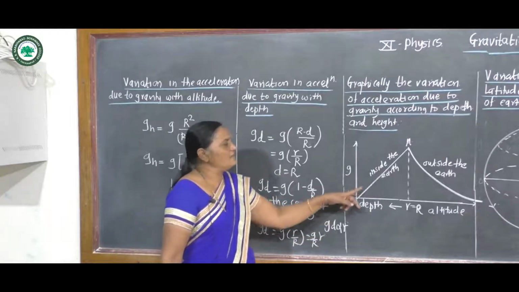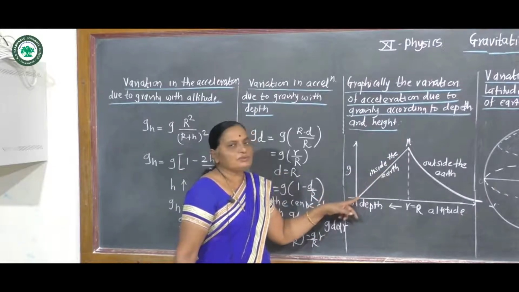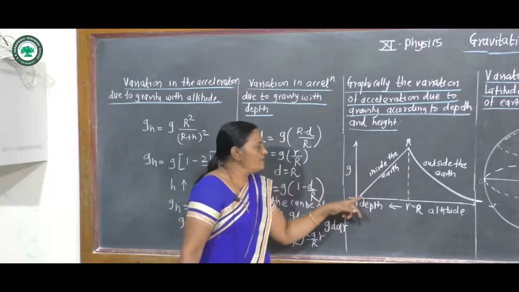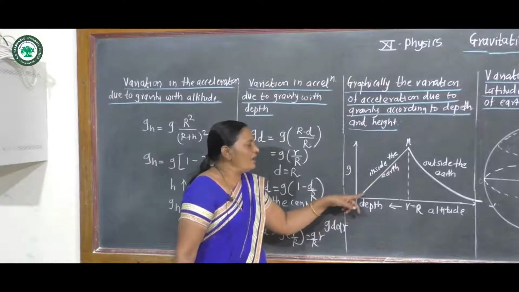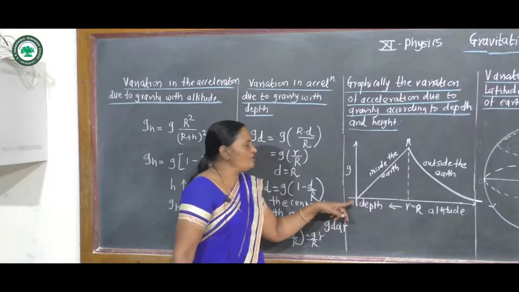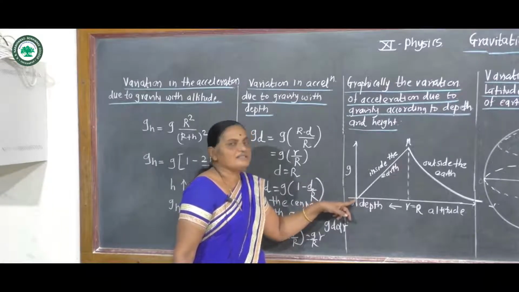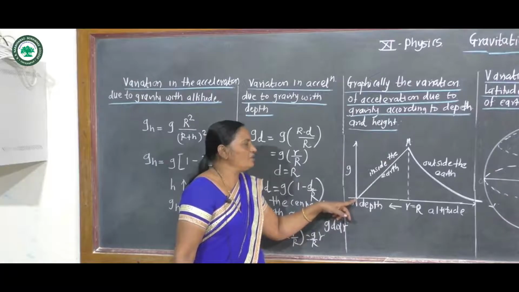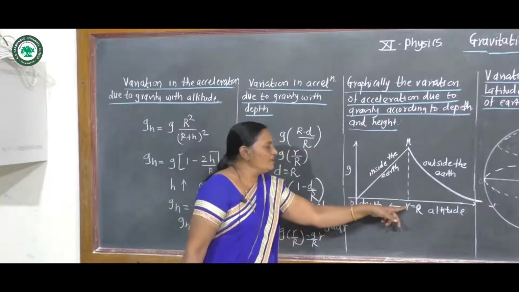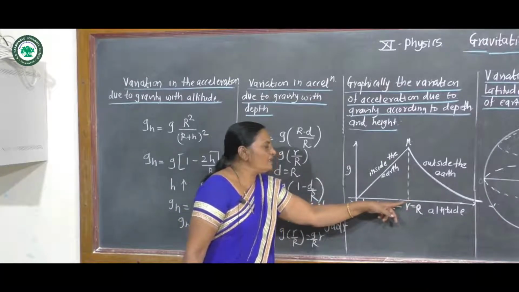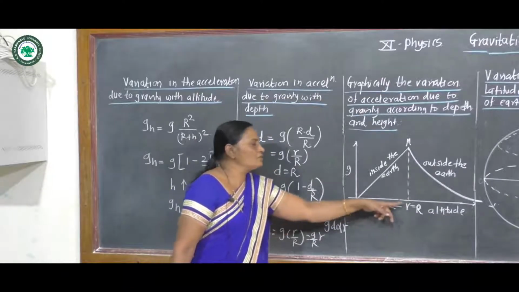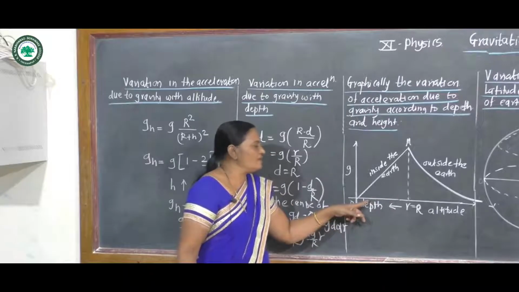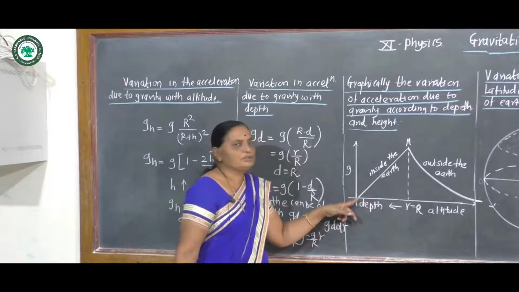The graph is a straight line passing through origin, starting from the center of earth, where acceleration due to gravity is 0. Then the acceleration due to gravity decreases as we go to the depth, and lastly at the center it is 0.